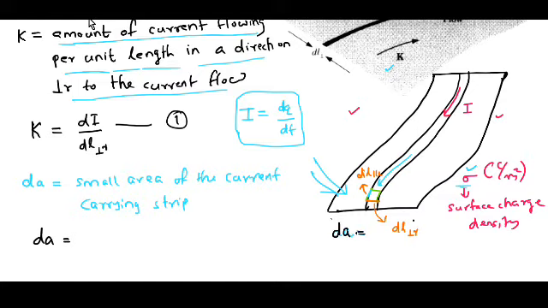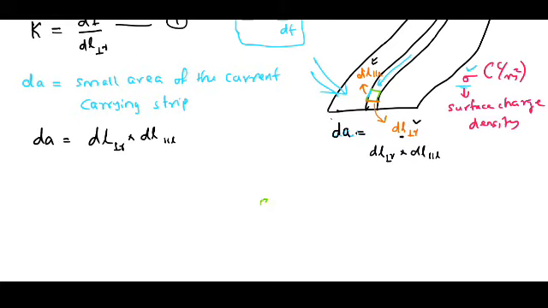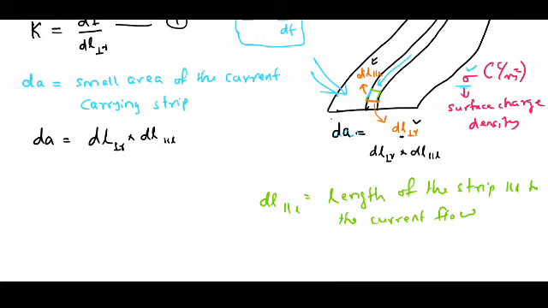That is dl perpendicular into dl parallel, because the length of the strip is dl perpendicular and the breadth of the strip is dl parallel. dl parallel is the length of the strip parallel to the current flow. dl perpendicular is the length of the strip perpendicular to the current flow.